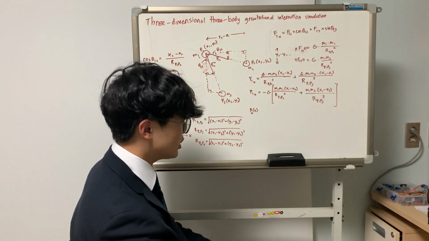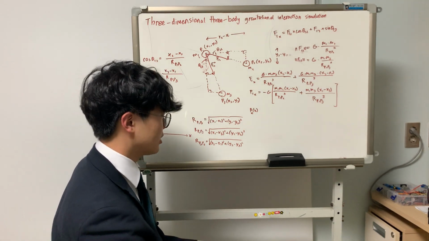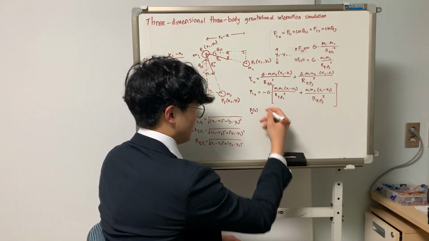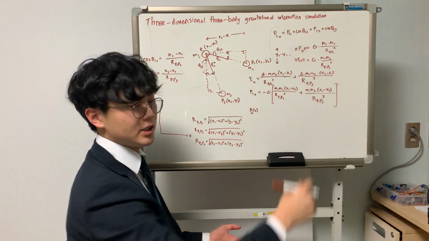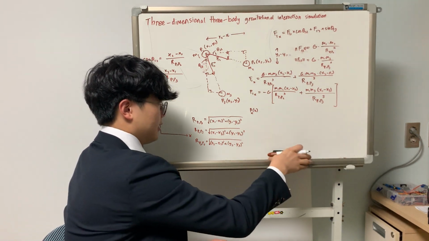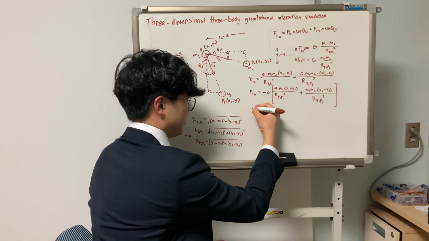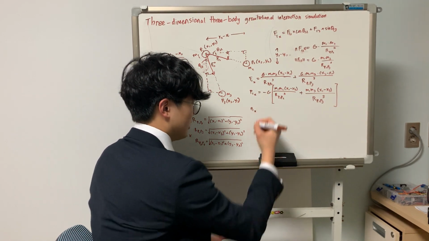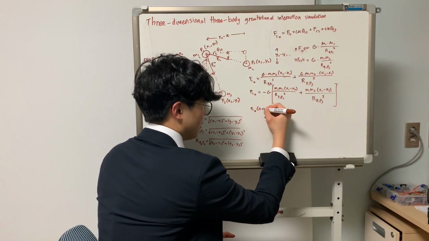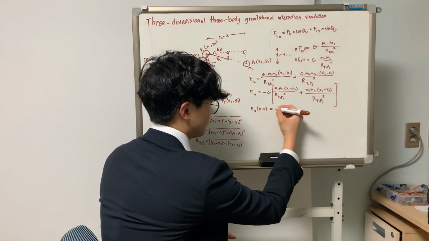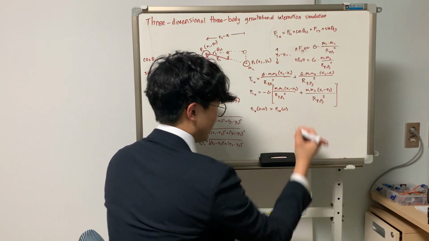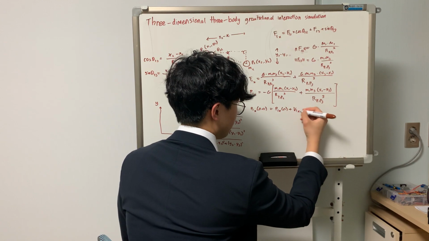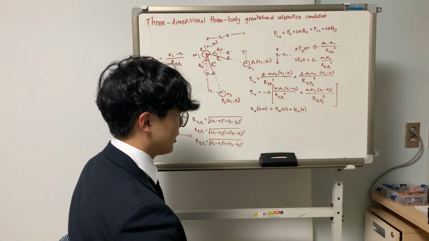Pn, the position of my nth object, is basically Euler approximation: let's say P1, my first object, and its x coordinate at n plus 1 is equal to P1 of x at n plus the velocity at n.